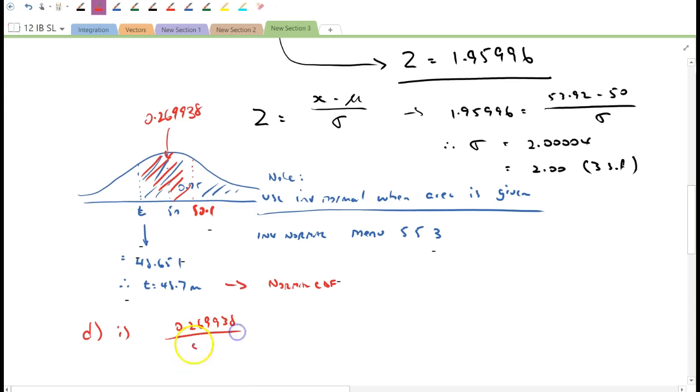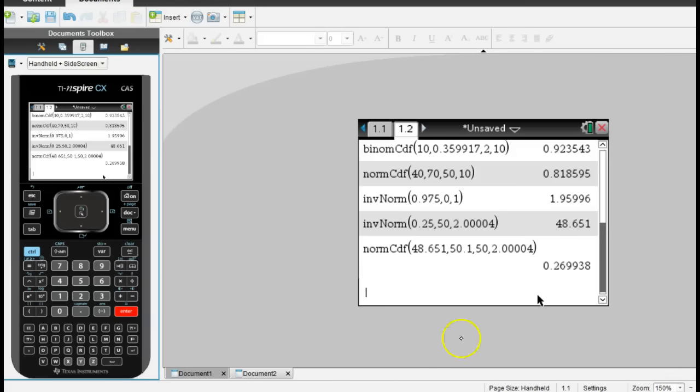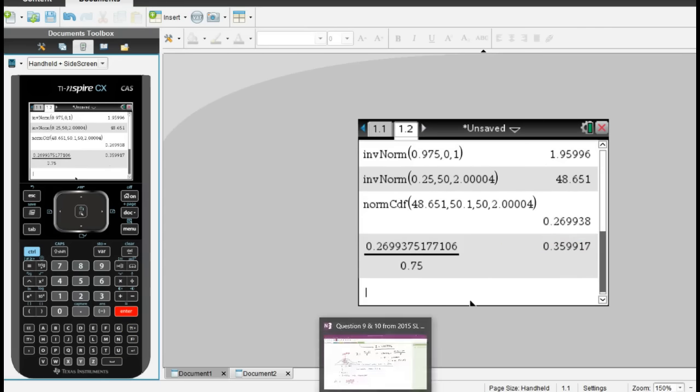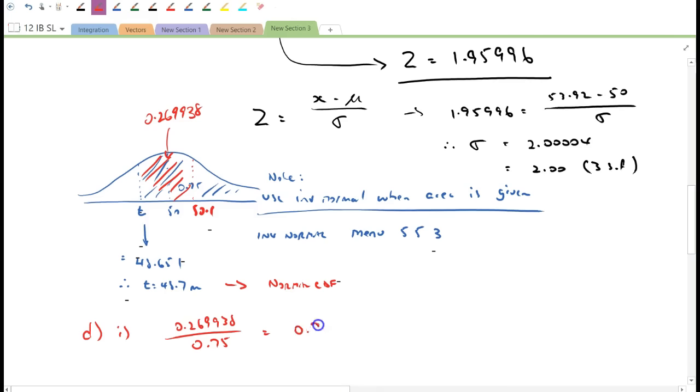Notice I'm using all the decimal places so that I'm not doing too early a premature approximation. We're going to divide that by 0.75. Hit enter and we get 0.3599, which is 0.360 to 3 significant figures.